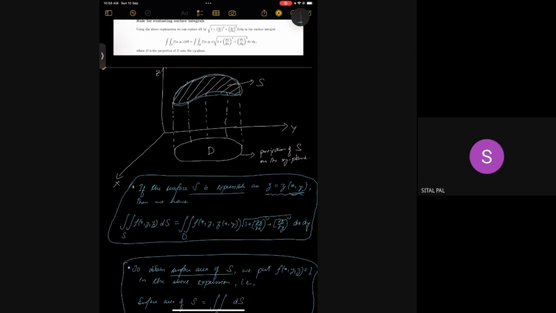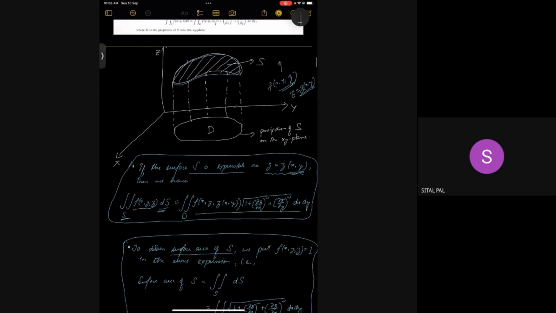Then we have something called the surface integral. If we have a function f of x, y, and z defined on the surface S, where S is given by z as a function of x and y, then the double integral of the function over the surface S is defined by this expression.